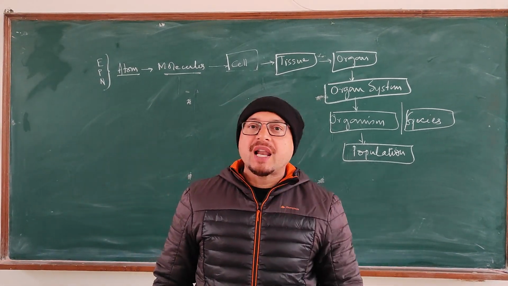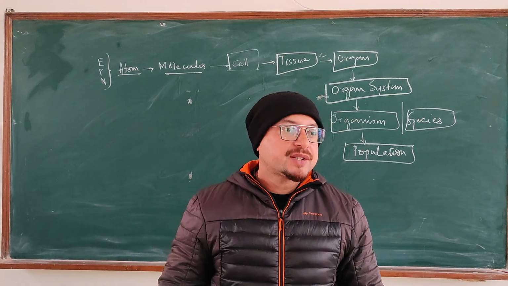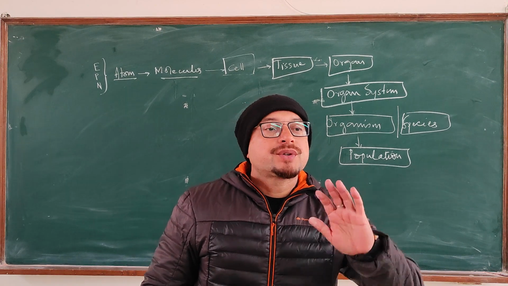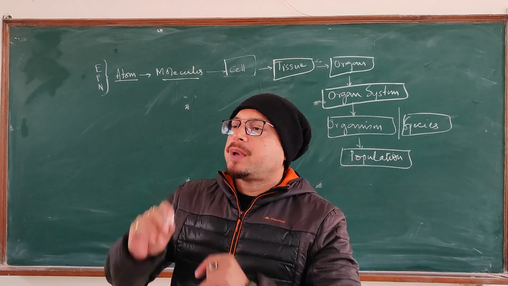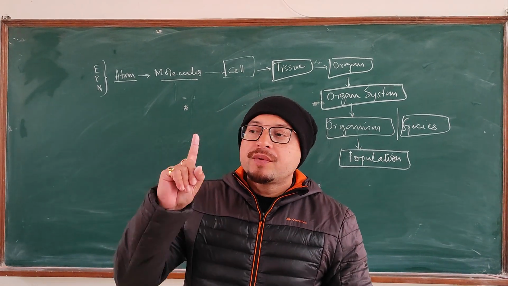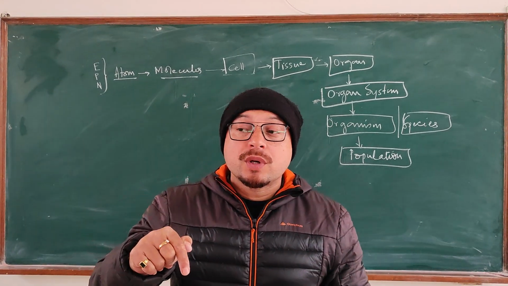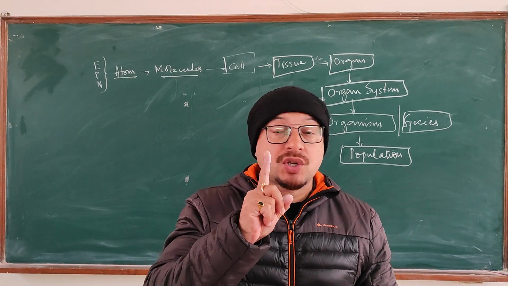So a population is a collection of one particular species. For example, a population of bacteria, a population of virus, a population of human beings. So always keep this in mind, a population is made up of a group of individuals of one particular species.